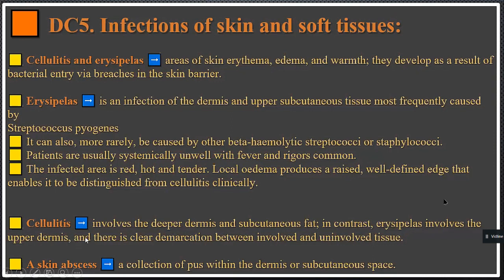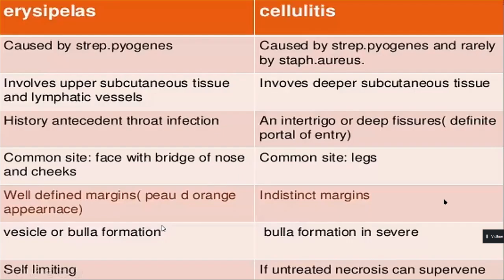Erysipelas, the upper dermis. Erysipelas is superficial, cellulitis is deeper. Abscess is a collection of pus in the dermis and subcutaneous tissue. So you have to be familiar with erysipelas, cellulitis, and abscess.